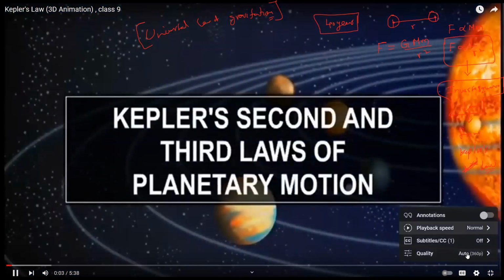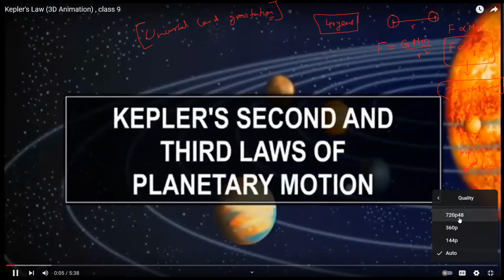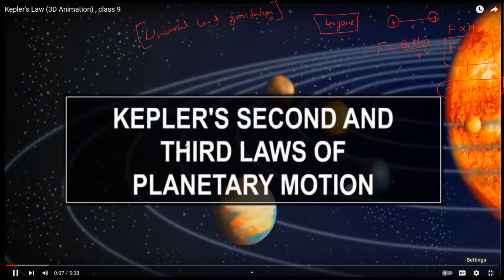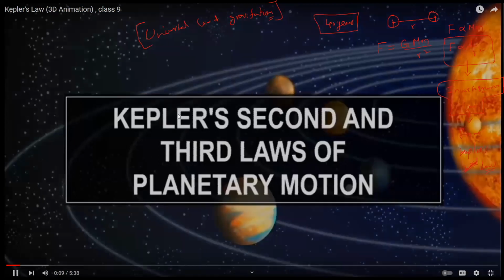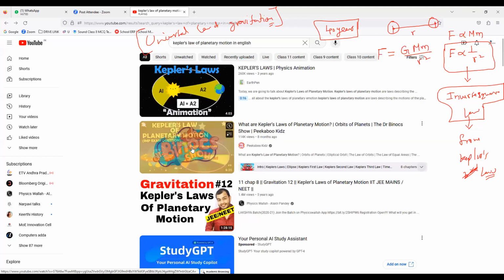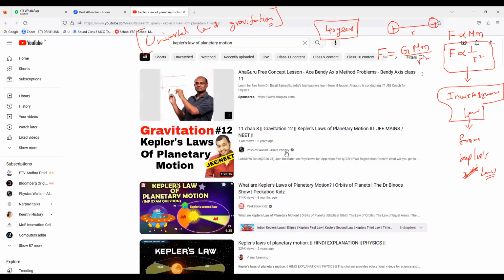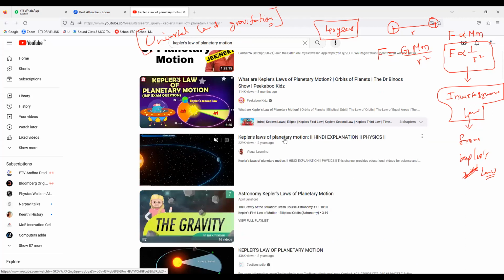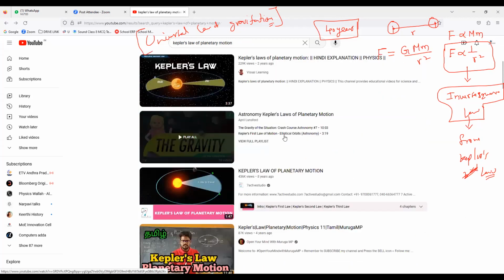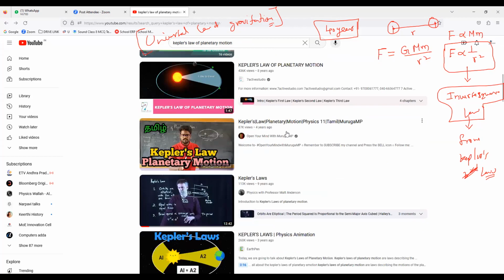In this module, you will learn about Kepler's second and third laws of planetary motion. Okay, these are all useless. So we'll go with the first only. Hindi only, nothing will happen. Hindi, I'll explain. Yes, I'm there to explain to you. No need to worry. So I think this is it. Am I right? What is the first video?